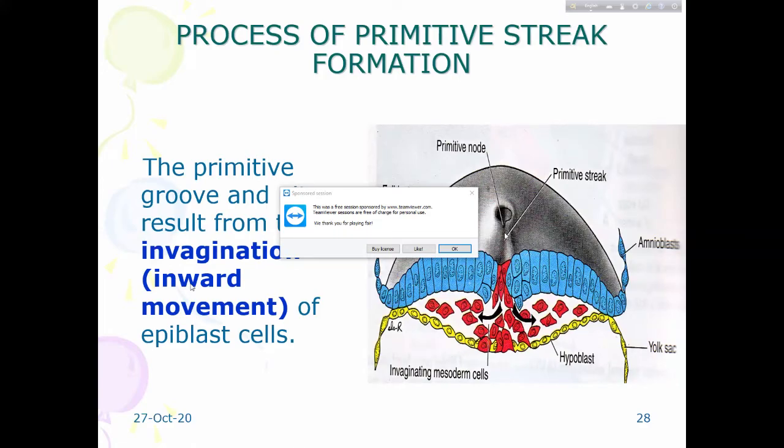Because the cells of the epiblast, which form the primitive streak, invaginate, that is, go inward. Look at the arrow. Cells of the epiblast here invaginate, so there is a formation of the primitive groove and primitive pit. So they result from invagination of epiblast cells.